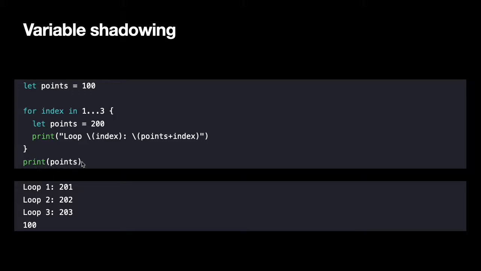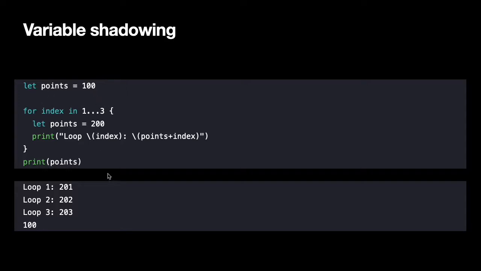We use points, and which points would we use? Well, this one here that was declared inside the for loop is now out of scope because we are after the closing brace. As a result, the only points that is still in scope is the global one. So down here, we print out 100 for the global scope points.